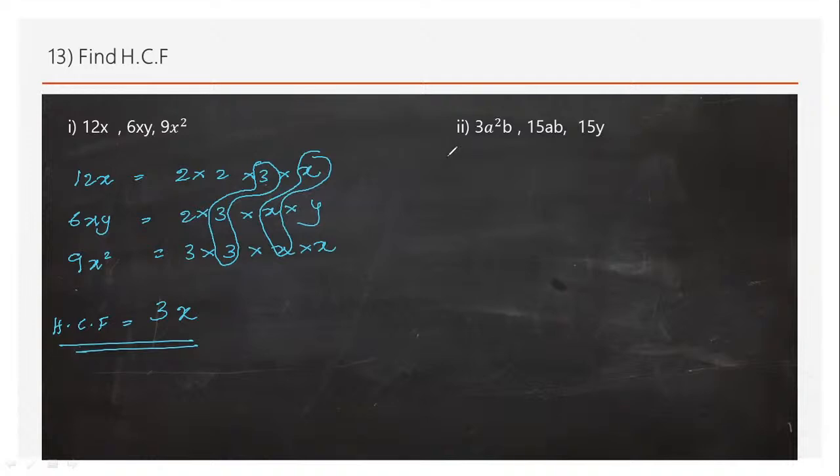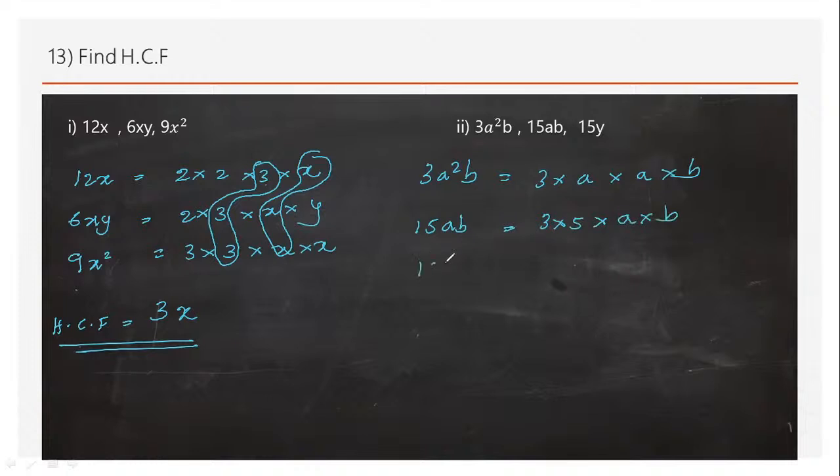And this one, 3a squared b, 15ab. Then first you can write as a product of prime factors. 3 into a into b. 15ab also you can write here, 3 into 5 into a into b.